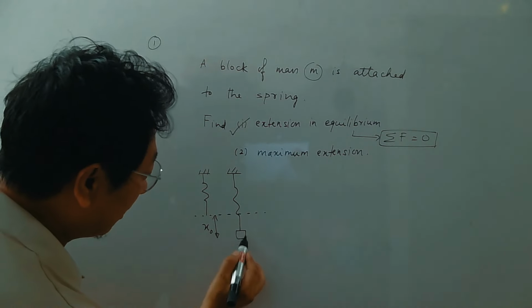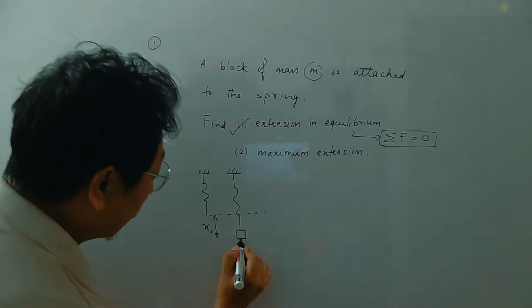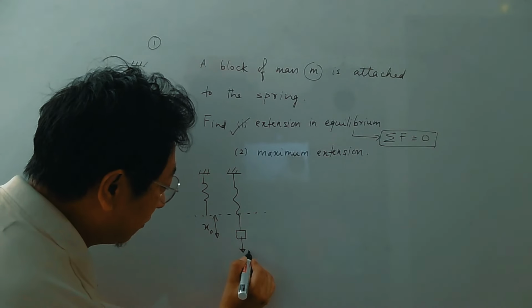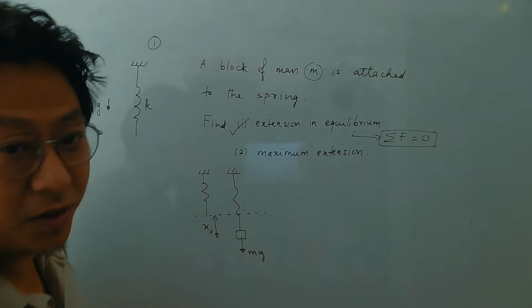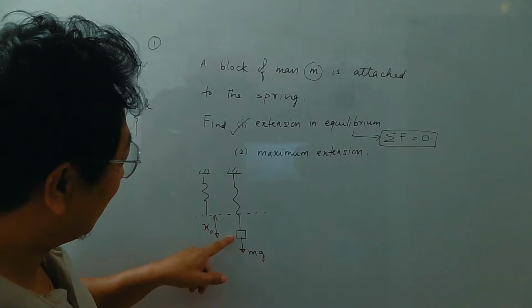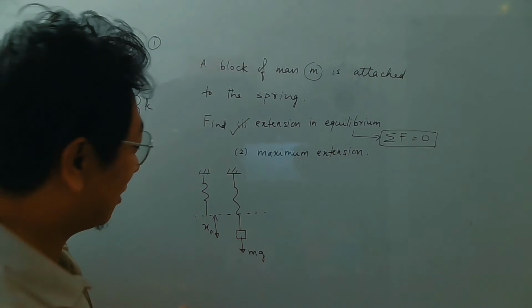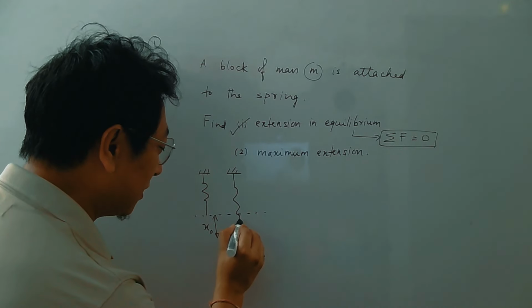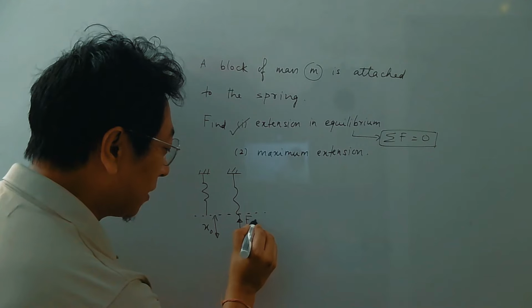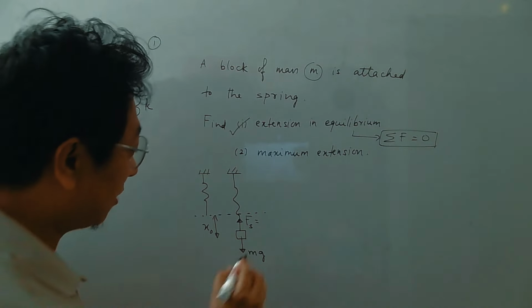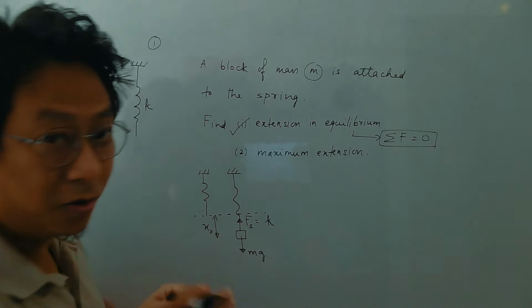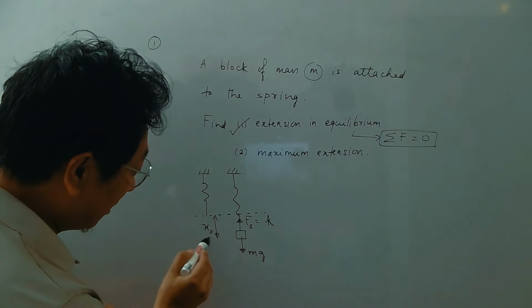Now why will this be in equilibrium? Because one force here is gravitational force mg, and what would be the other force? Remember, it is in contact with a spring, so there will be a spring force, isn't it? And what is the formula for spring force in magnitude? K into extension. What is the extension here? X naught.